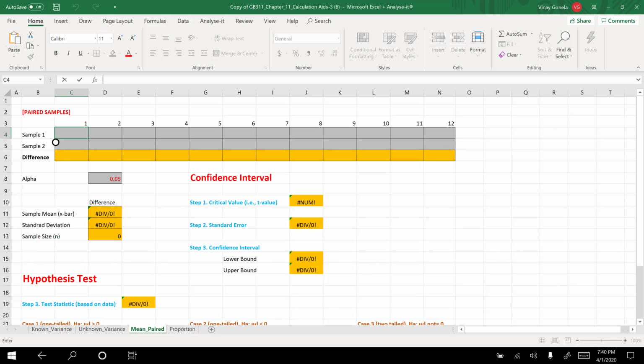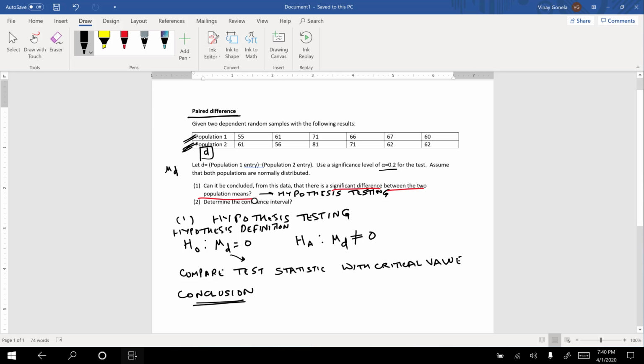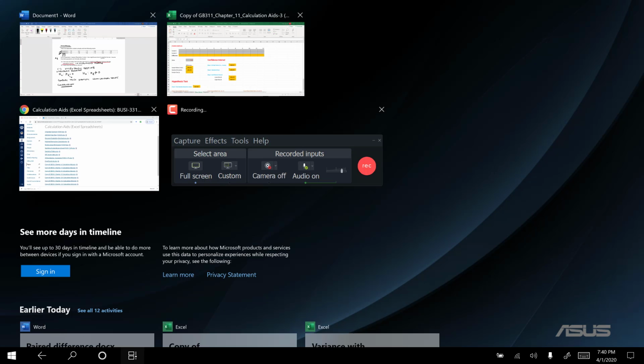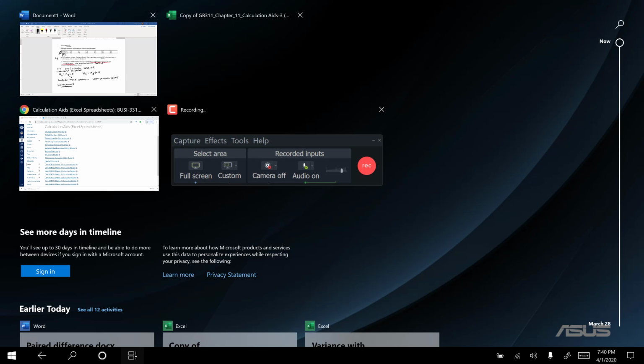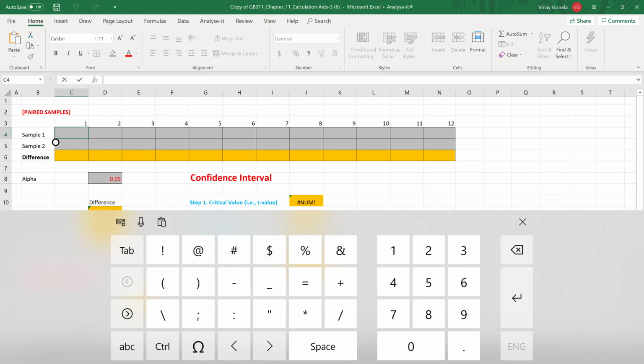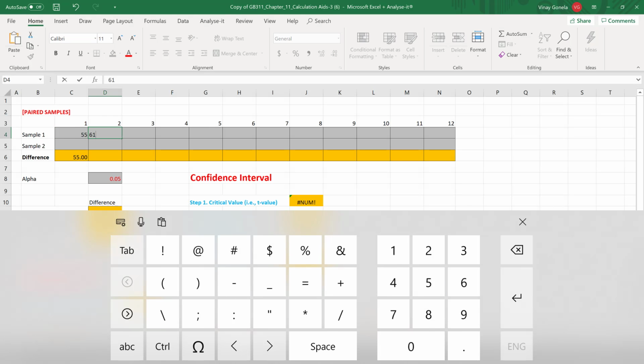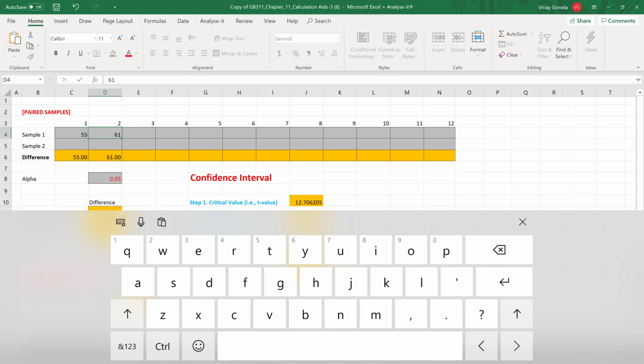So let me see what are those values. I will just key in those numbers. So population 1, the first number is 55, second is 61, 71. So I will key in all the three: 55, and then 61, and then 71.